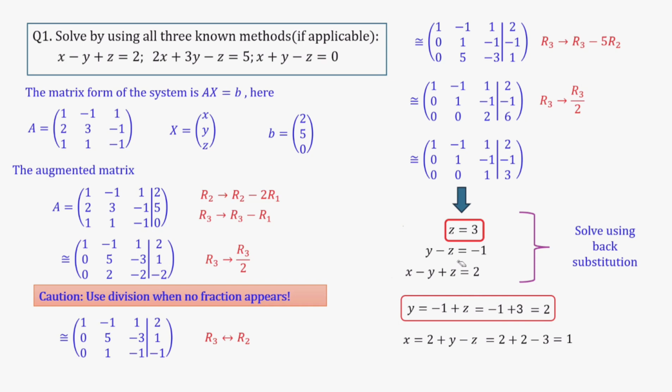So therefore you get the solution: x equal to 1, y equal to 2, z equal to 3. So that's the method. All three methods give you the same solution. And let's complete the first question.